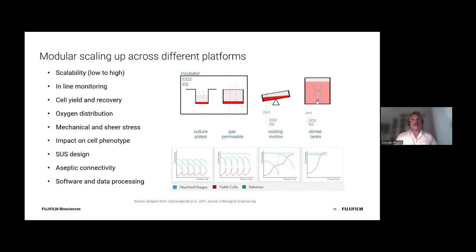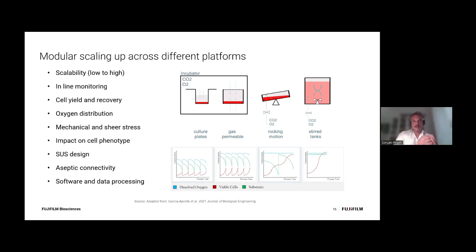So some of these process changes are very much possible and desirable, but need to be made in a rational way, right? And then if you scale, let's say, to a stirred tank bioreactor, is the biology that I achieve in my culture plates actually translatable to such a different system, where the cells are stirred and might have shear stress associated, or even a rocking motion, which again has a different way of aerating cells and T cells?